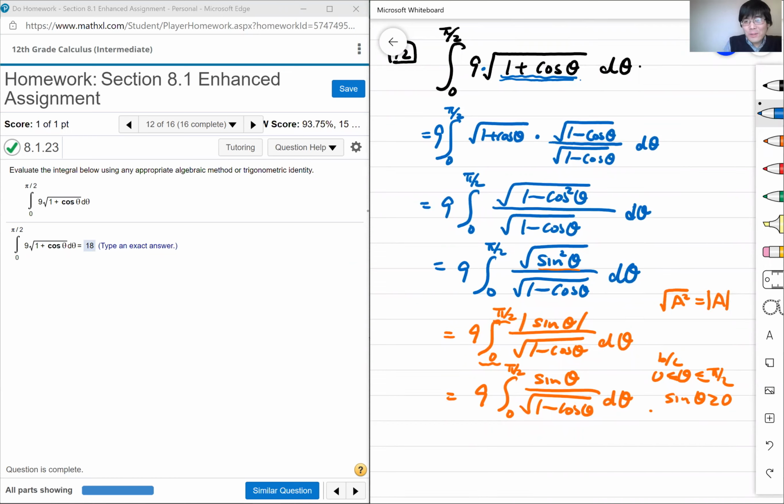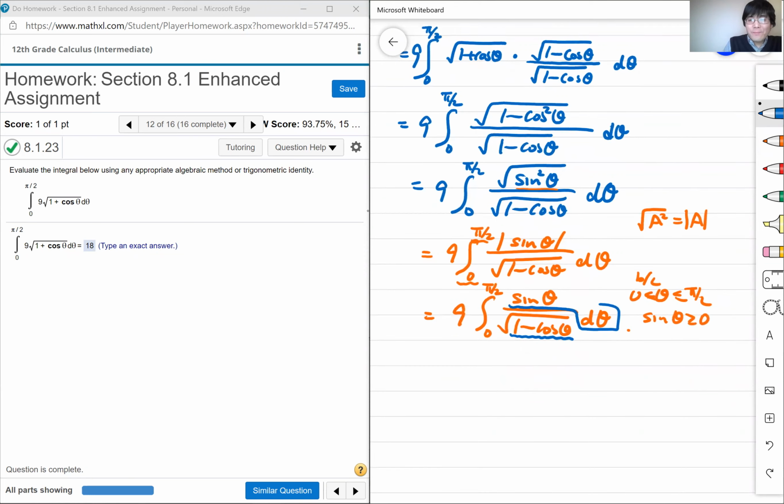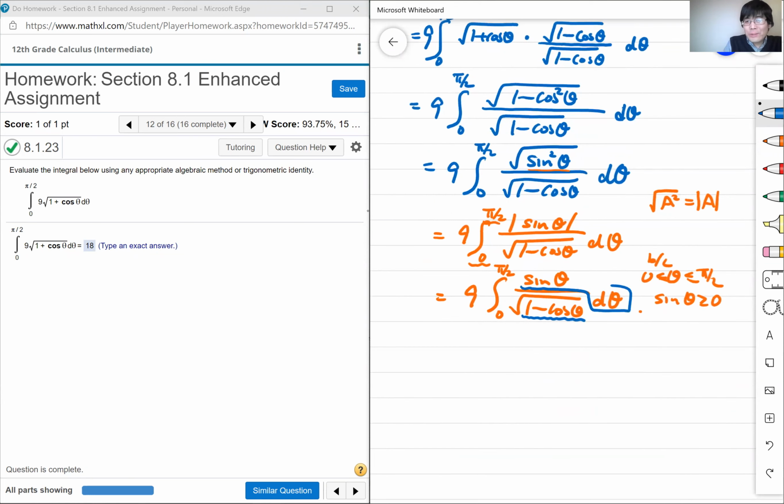But the good thing is when you make a substitution, you see its derivative is here. So now you want to say u is equal to 1 minus cosine theta. Then du will be sine theta d theta.